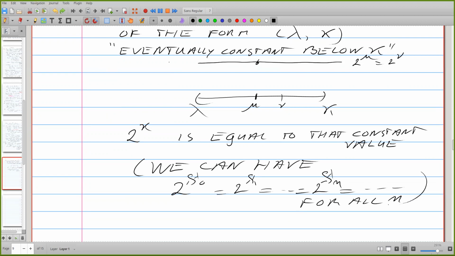We can, for example, have the case where 2 to the aleph_0 is equal to 2 to the aleph_1 is equal to 2 to the aleph_2 is equal to 2 to the aleph_3, and so on, for all the natural numbers below omega. And what the theorem says is that 2 to the aleph_omega has to be equal to that value as well.